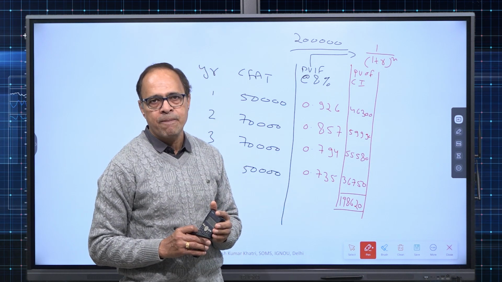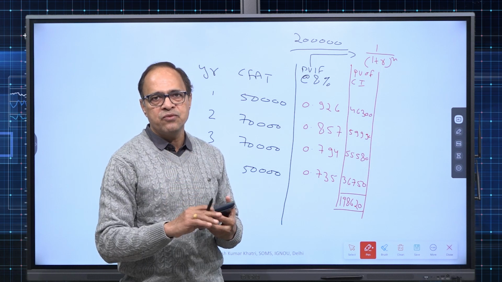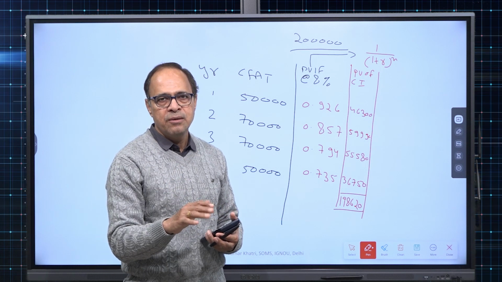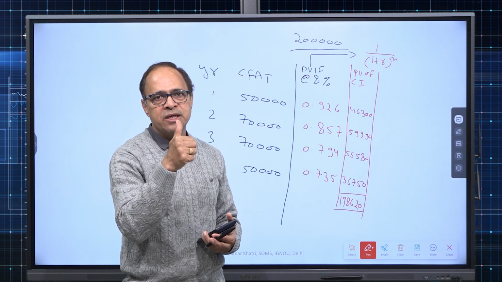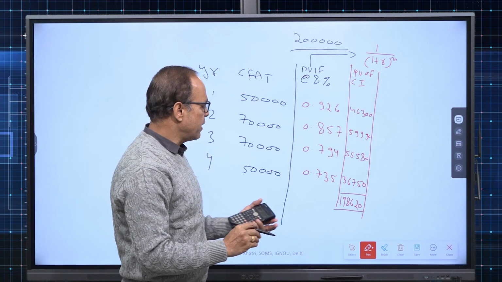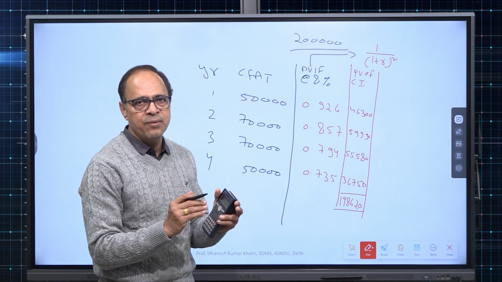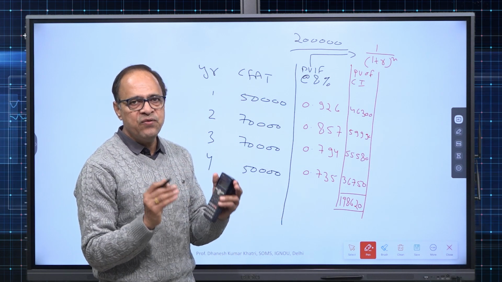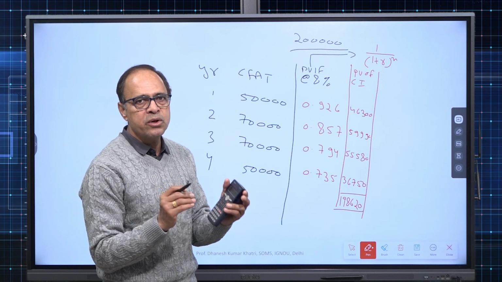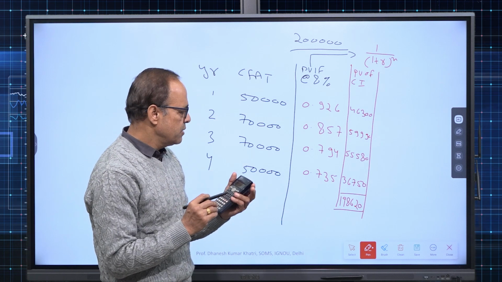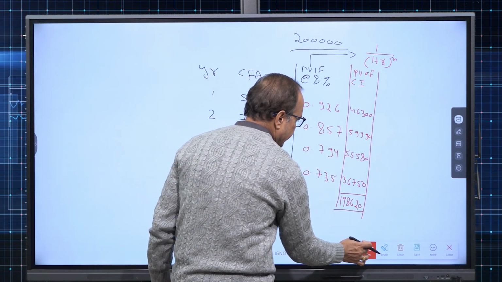We are already there. So, what we can do? We can even try the 7%, because whenever you decrease the rate, present value will shoot up, will go up. By how much you decrease it depends on where we are. We are very close to 2 lakh. So, we can make second trial at 7%, and definitely our present value of cash inflow will be more than 2 lakh, which is our target. So, now what I am going to do, in the same table we can make an extension.